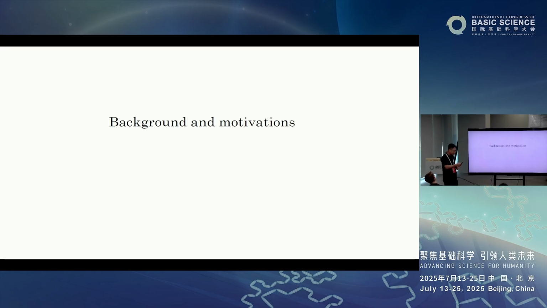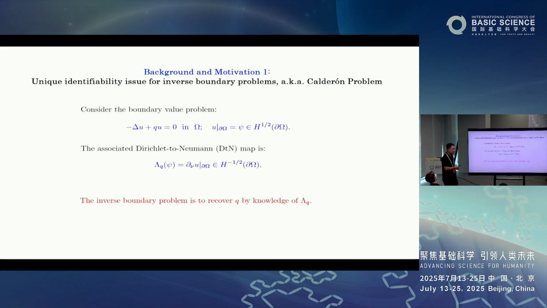Let me give some discussion about why we study this type of PDE. The first one is the so-called inverse boundary problems. I'm working on inverse problems for partial differential equations. This naturally arises in inverse boundary problems, also known as Calderon's problem.